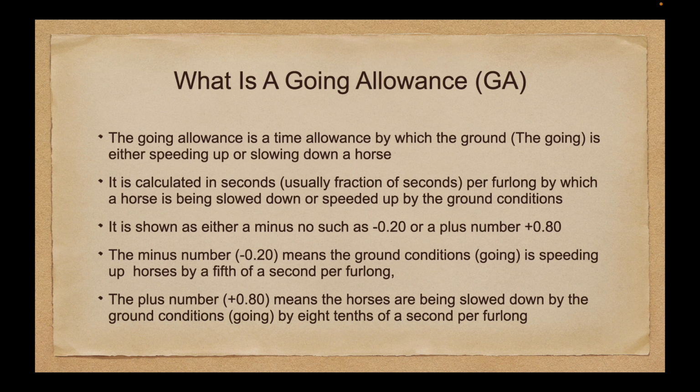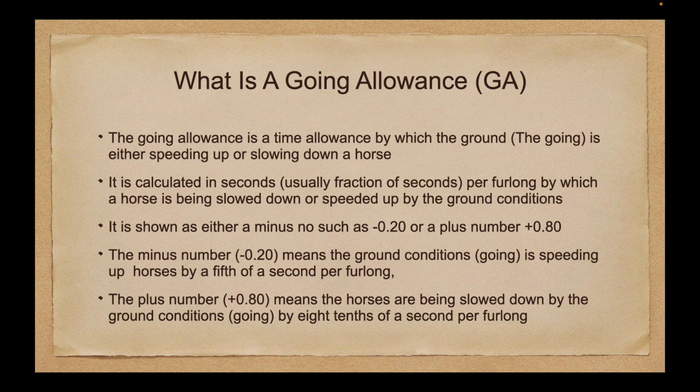So, what is a going allowance? A going allowance is a time allowance by which the ground, the going, is either speeding a horse up or slowing a horse down. So obviously soft will slow it down, good to firm will speed it up somewhat. It is calculated in seconds, usually fractions of seconds, unless of course the going's extreme.